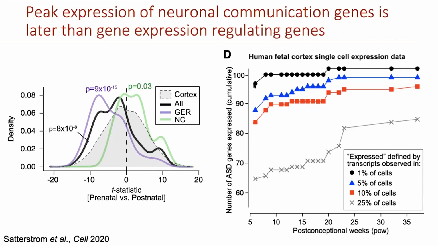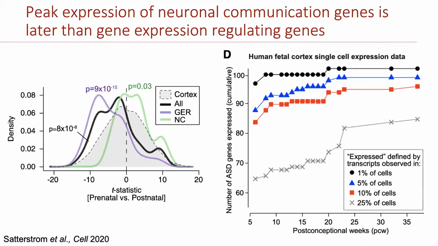But if we take that definition, we see that somewhere around prenatal development, we get to the stage where basically all of the autism genes are expressed in the developing human cortex. And if we take a slightly more conservative threshold, we still find that somewhere around that mid-fetal stage is the point where we start to see most of the genes being expressed.